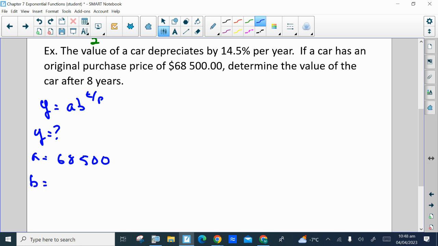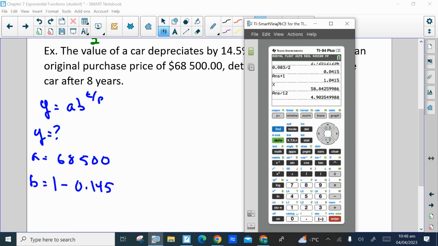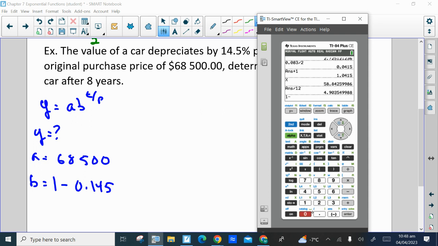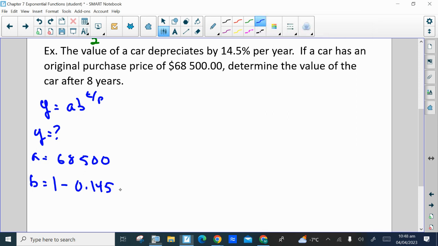B is our growth rate, okay? It's depreciating by 14.5%, which means to find out how much is remaining, we would take 100% or 1 and subtract the 14.5%, or take 1 and subtract 0.145, which is 0.855.